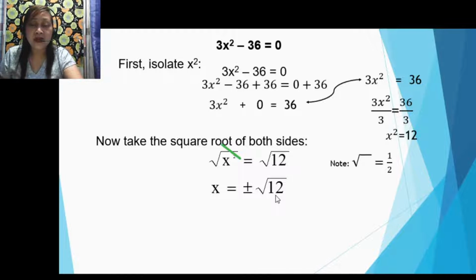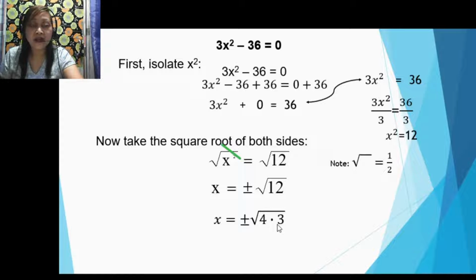The first one is, yes, 1 times 12. 6 times 2. But 6 and 2 are not perfect squares. Only 4 times 3. Therefore, the factors of 12 that have a perfect root are 4 times 3.